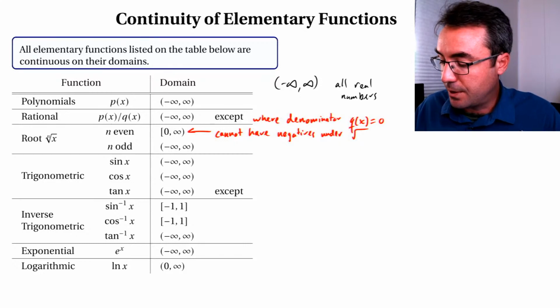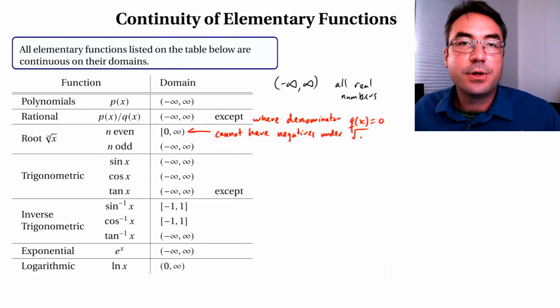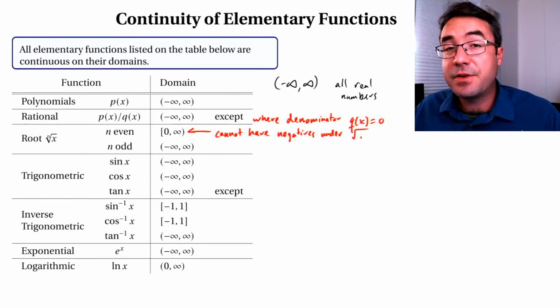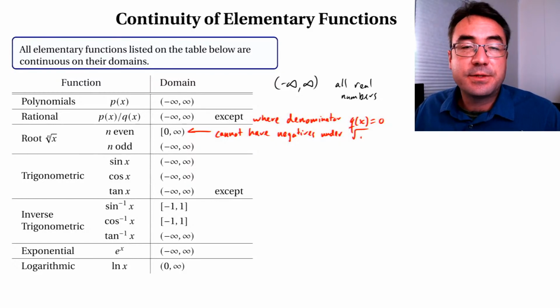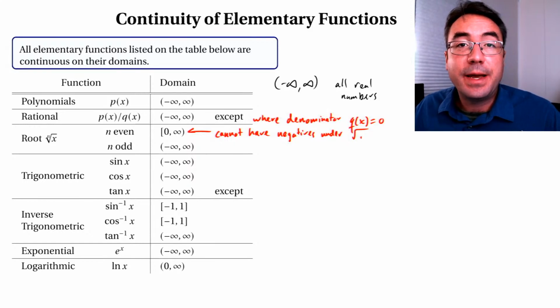Usual example is square root. So we can't do negative square roots. If we have an odd root function, well then that's perfectly fine, and the domain of that odd root function is all real numbers. So it's continuous over all real numbers.